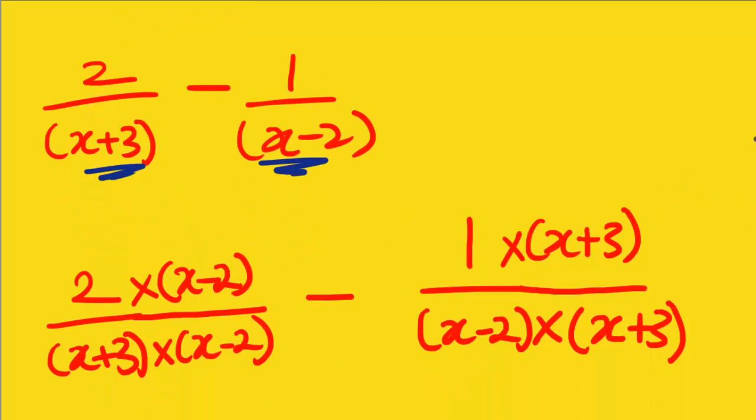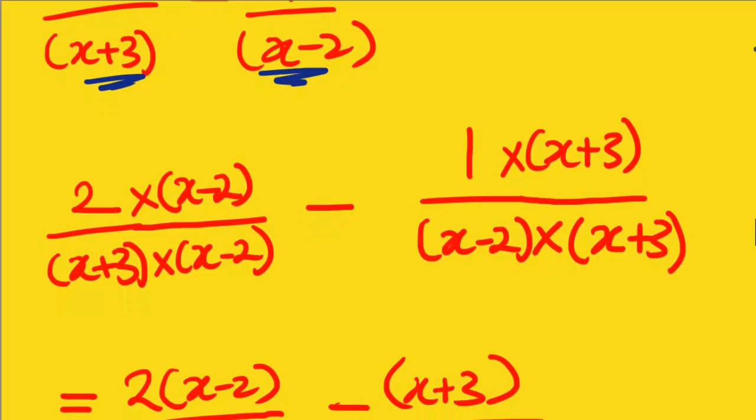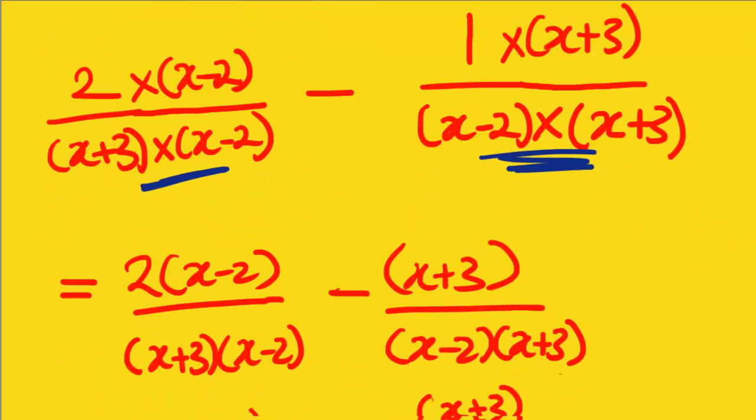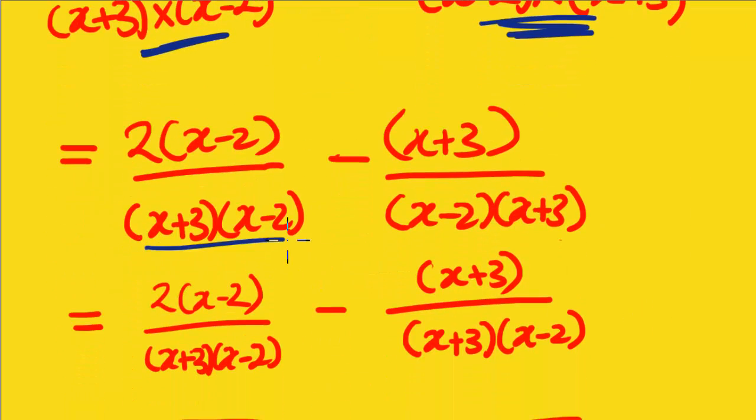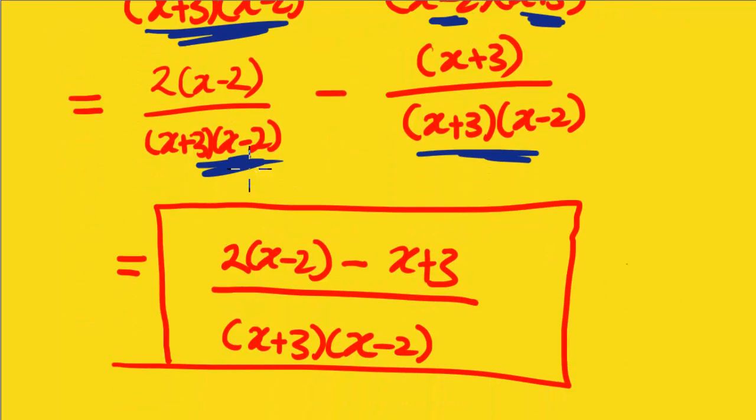You use the procedure I explained in part 2, for example 1 and 2 above, and you just multiply the first fraction by the denominator of the second fraction, multiply the second fraction by the denominator of the first fraction, and you simplify, and you see that you have the same denominator. x plus 3 times x minus 2 is the same thing as this, because this is x minus 2 times x plus 3. So I just rewrote it clearly so you can see you now have two fractions with the same denominator, and you just carry out the subtraction. The result will have the same denominator, and the numerator is just the first one minus the second one.